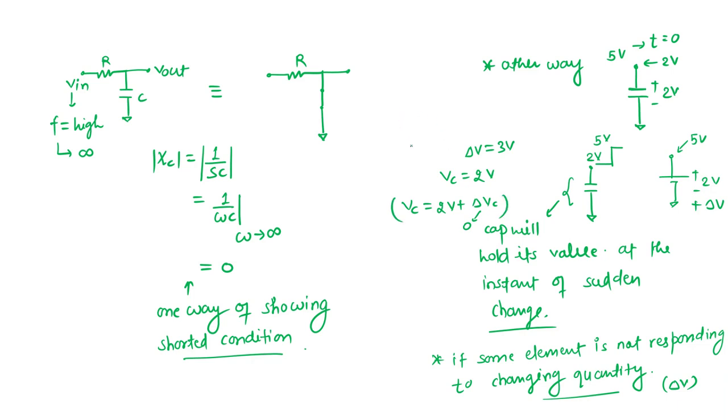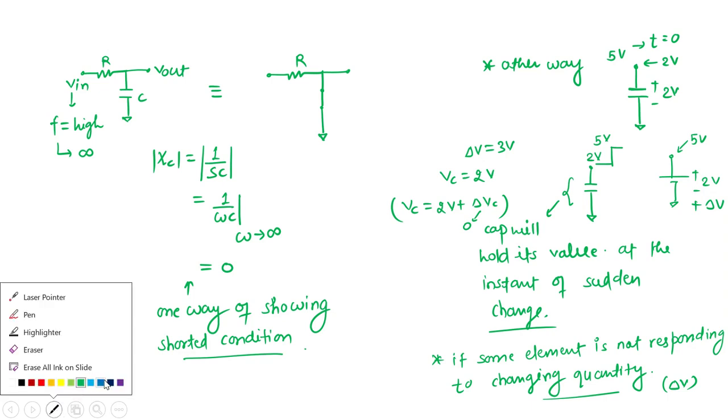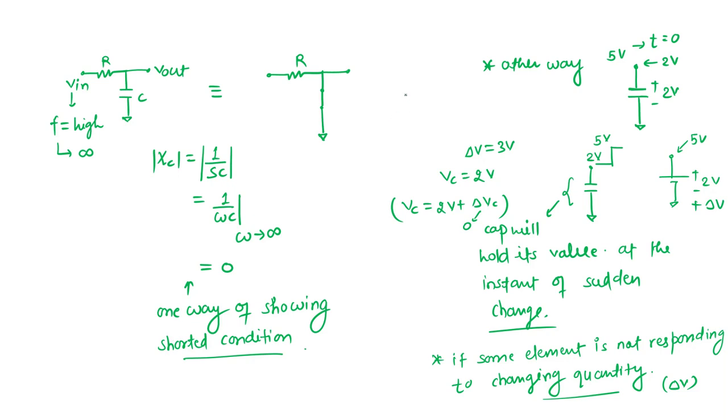So how will we represent the 0 voltage? The 0 voltage in general we represent with a short. So with respect to this transition of del V equal to 3 volt, our capacitor is not responding.